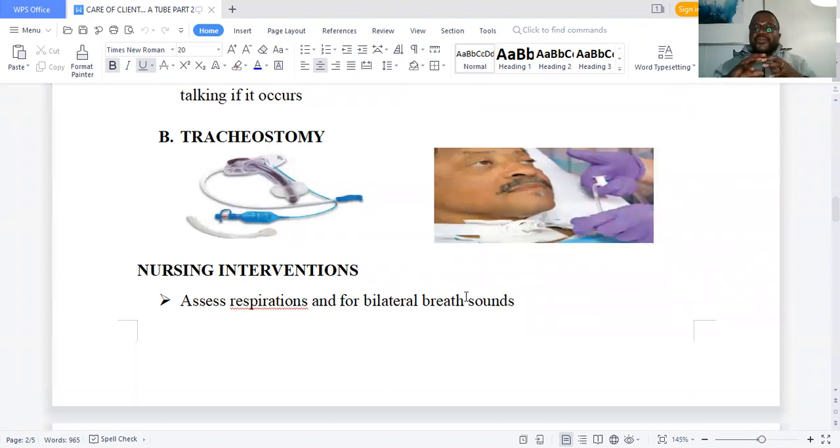So let's say we have this client in place with the tracheostomy and you are taking care of this patient. What do you do? Nursing interventions. This is what we're going to look at right now. You have to assess respirations and for bilateral breath sounds.